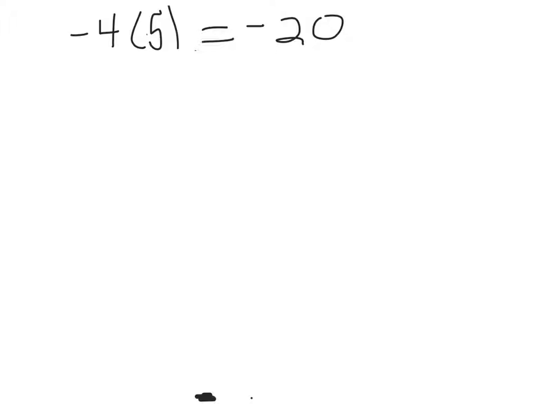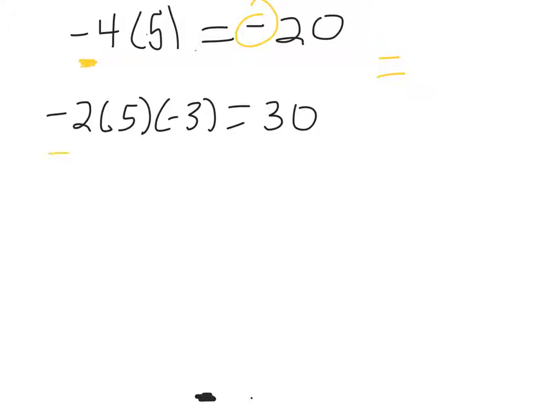Okay? So let's look at our first example here. We have negative 4 times positive 5 equals negative 20. Well, we know that we have one negative here, so the end result is going to be negative because we have an odd number of negatives.